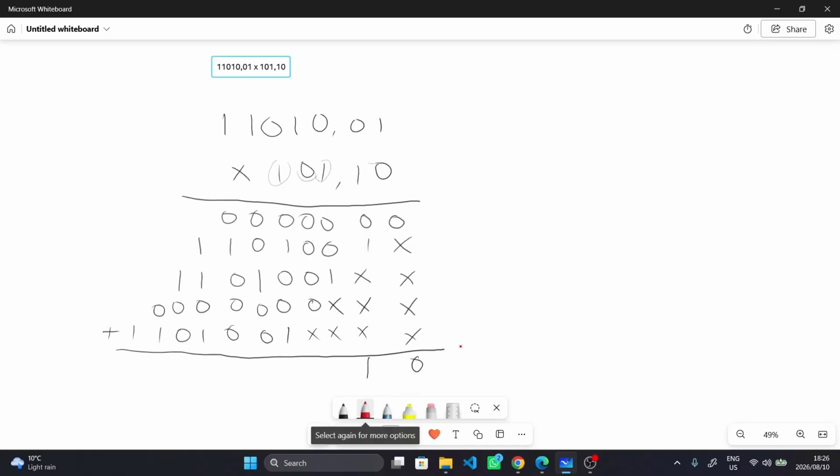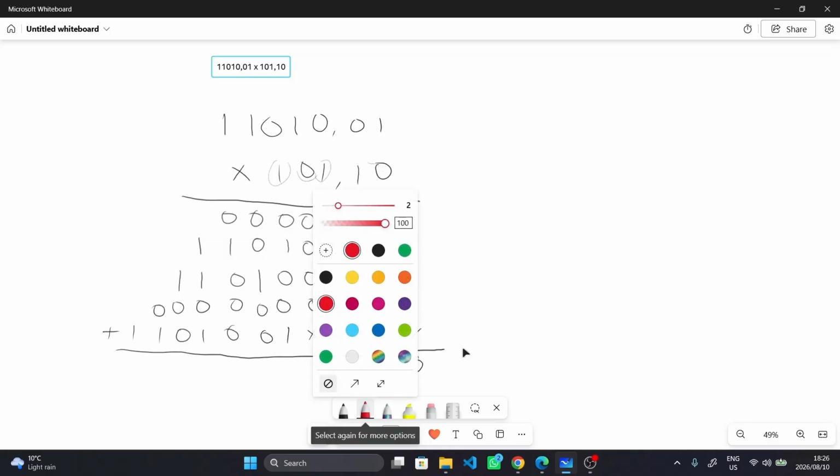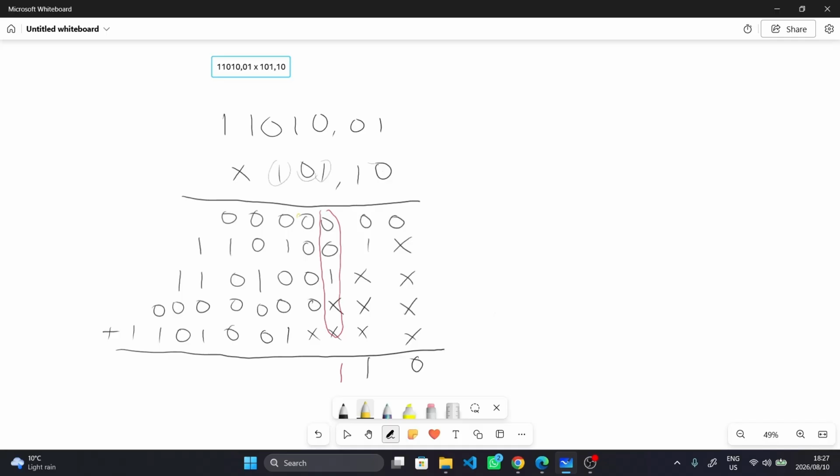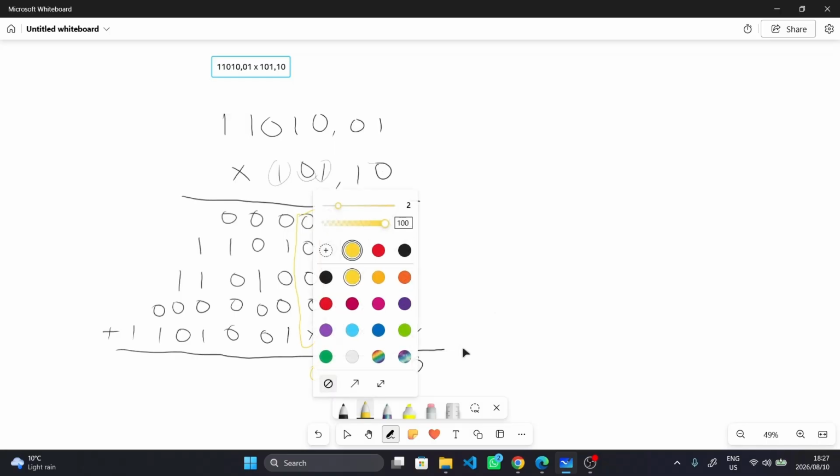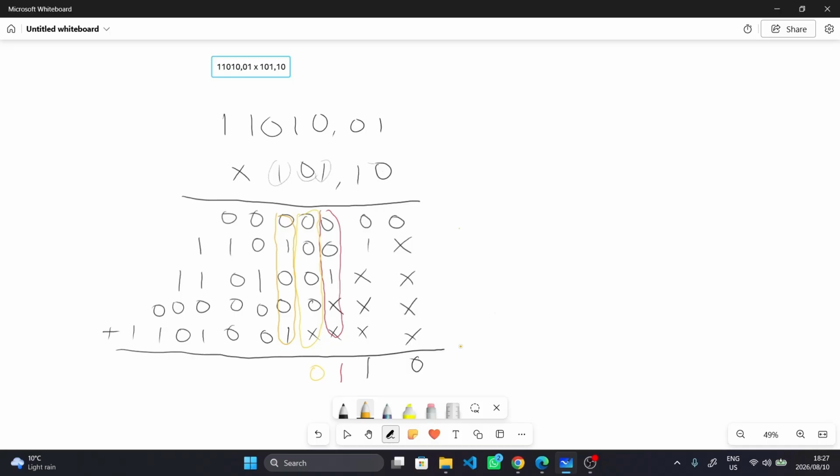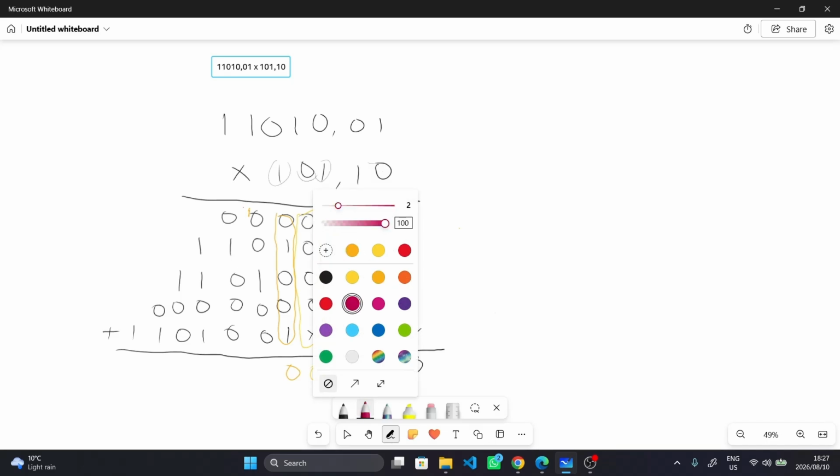Then if we add this row here, that is going to be 1, then we add this row which is going to be 0, then we add this row which is 0 plus 1 plus 0 plus 0 plus 1, which is 2. So we have 0 carry 1.